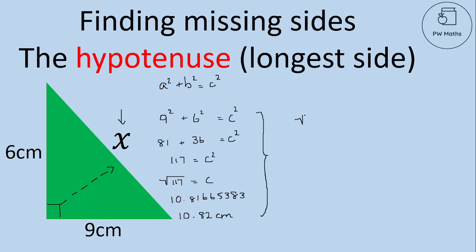So we could use this process, the square root of 9 squared plus 6 squared, and if you pop that into your calculator like that and just push the equal sign, you will get the same answer, which I think is a much quicker and easier way of remembering how to get the answer to this question.